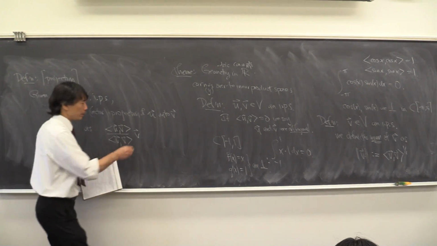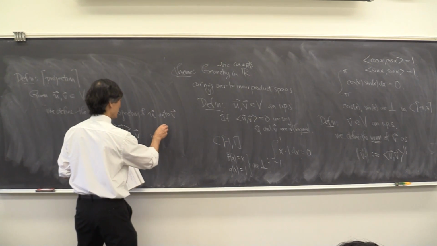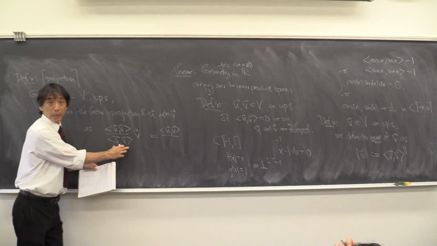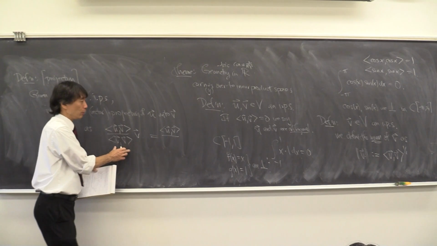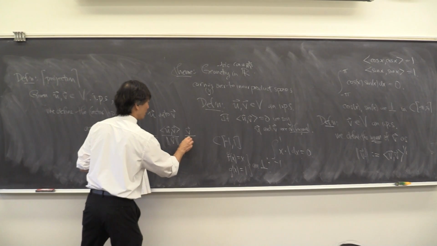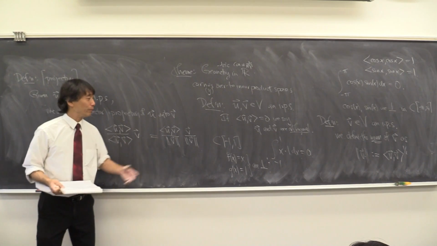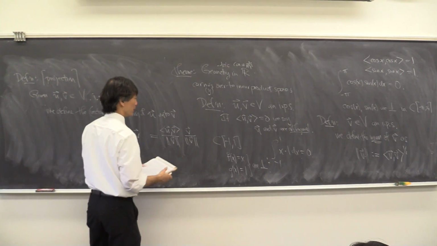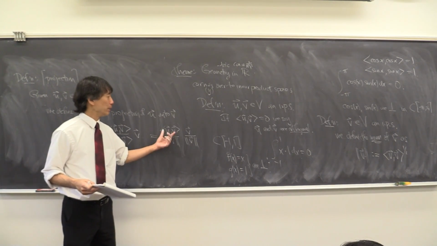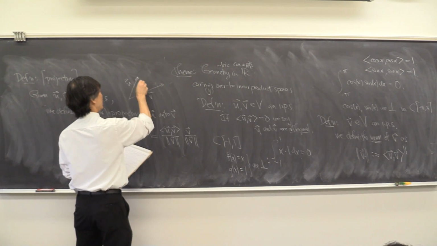Okay, that might not look like what you remember when we defined the projection before, but it actually is. This is u against v, and this thing is the norm squared of v. So I'm going to put the norm of v here, and another copy of the norm of v here. Now I hope it looks more like what we said before about the vector projection. Remember, you had some u, you had some v.